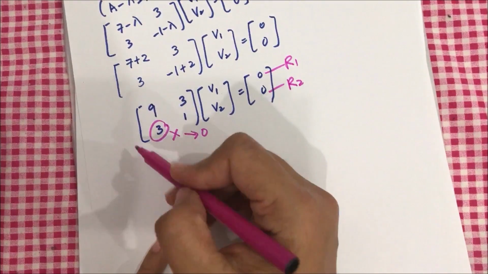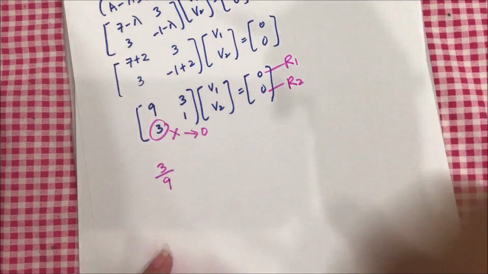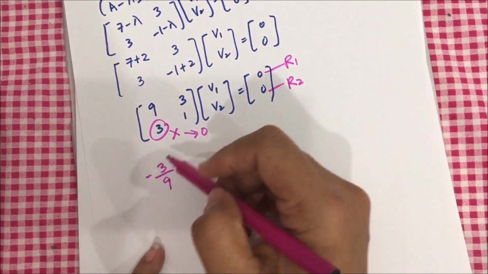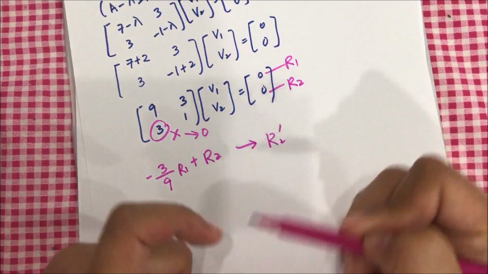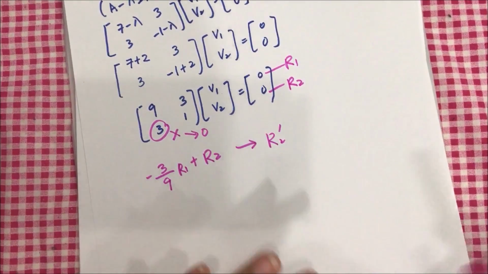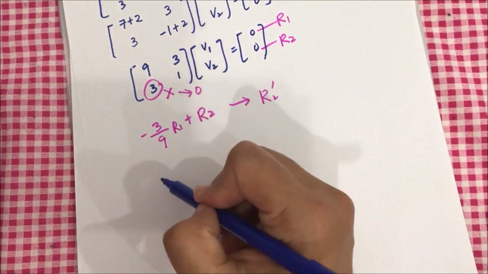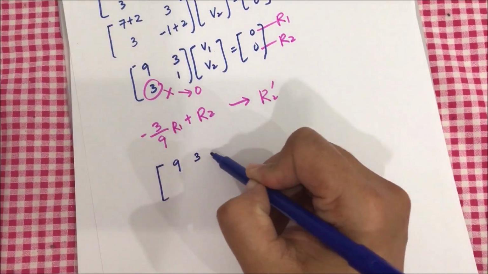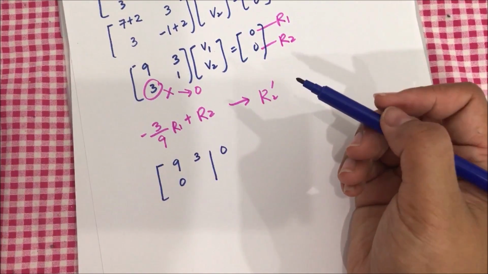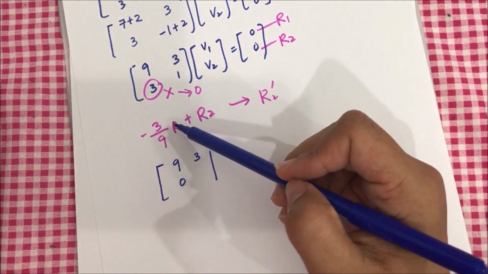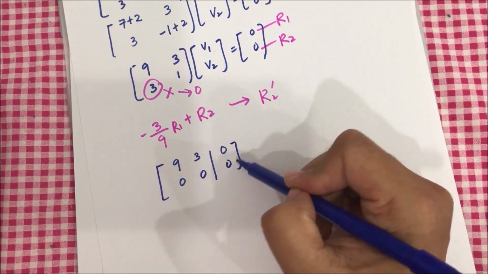So we have to do R2 minus 3 times R1 so that we can get the new R2. This one is 0, and this one is also 0 and 0.